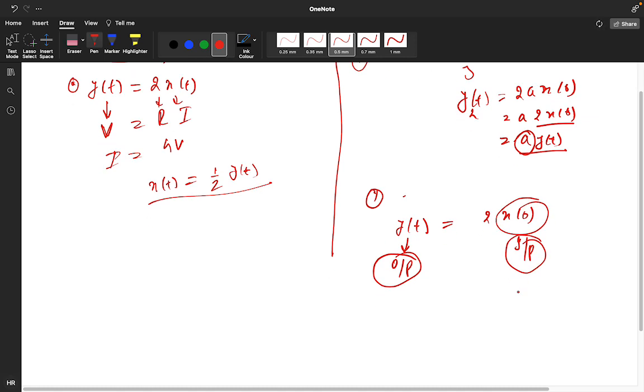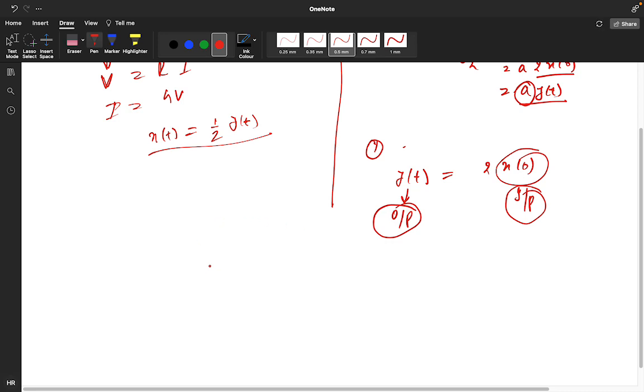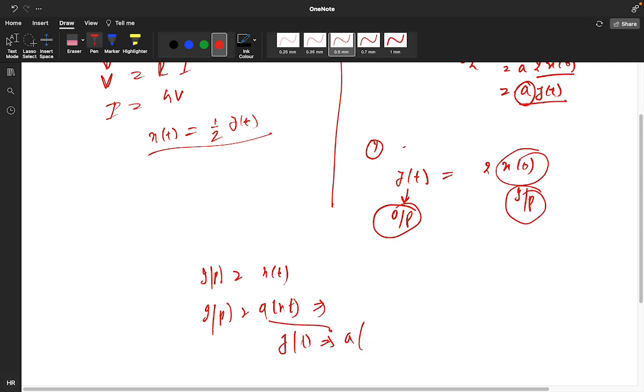So if you are changing your input, the first input was x of t, and now you are changing it by multiplying with ax of t, if your output is also getting multiplied with that particular scaling number, then it is linear.